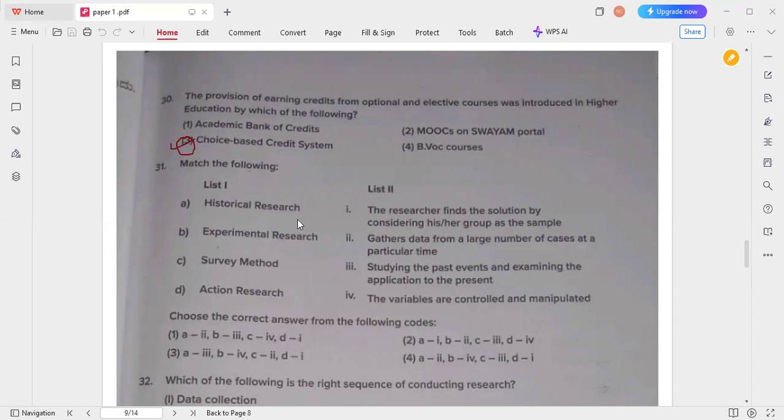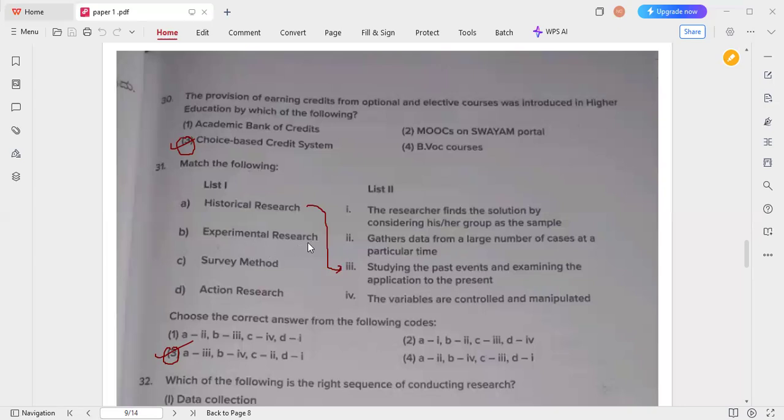Historical research. So historical research means what? Historical research means studying the past events, history, right? Studying the past events and examining the application to the present. So where A3 is there in the third option. So just go with this answer because this is the exact answer for this historical research. So let me check with other options also.